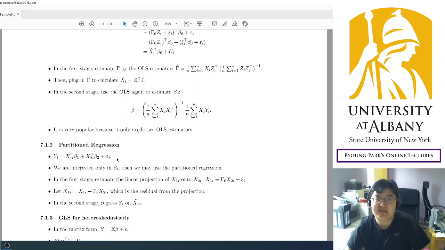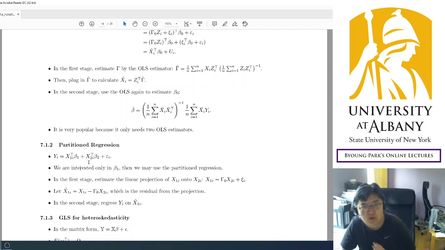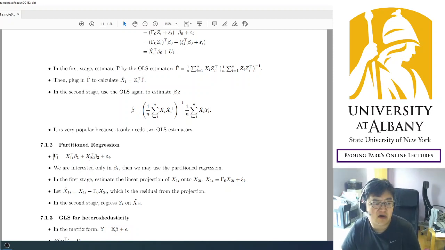In this case, remember the partition regression idea, which in some textbooks is called the partial-out formula. Basically, they are the same thing. The result is, if you regress y only on x1, then what you get is not beta 1, because x2 is not considered.